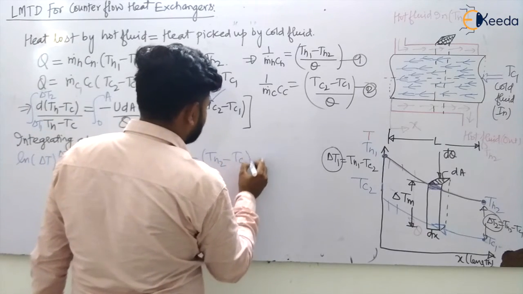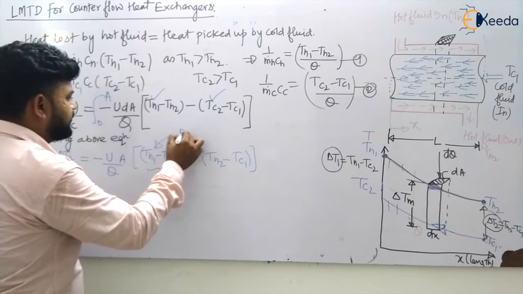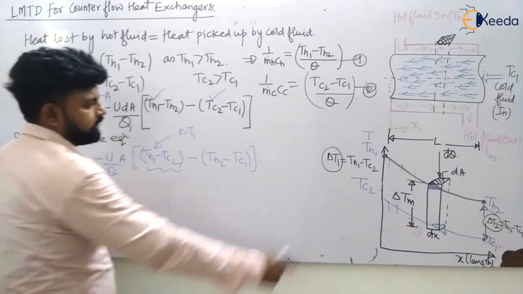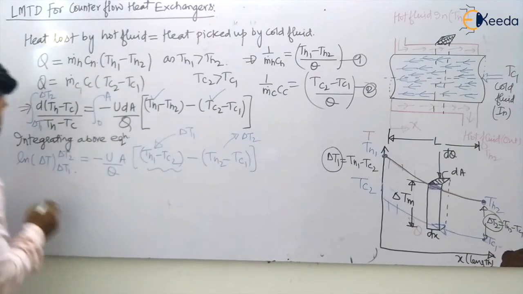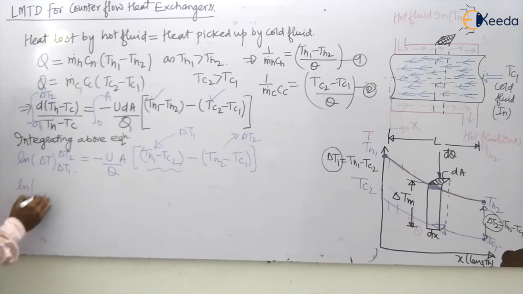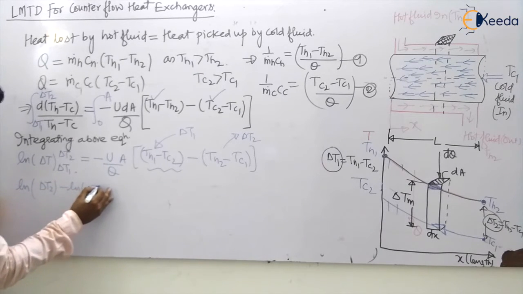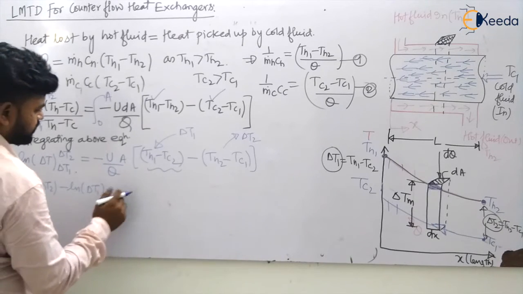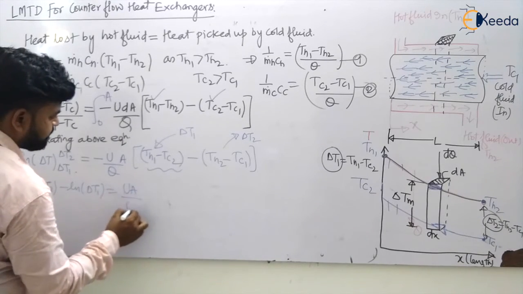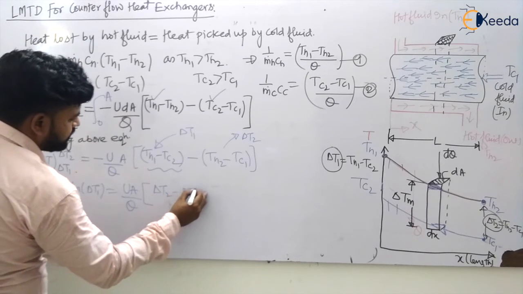This will be your delta T1, and this will be your delta T2. So let us put the values. This will be ln of delta T2 minus ln of delta T1, and taking the minus inside, this will become UA by Q, delta T2 minus delta T1.